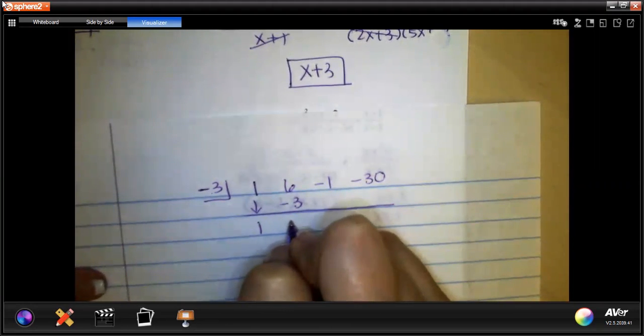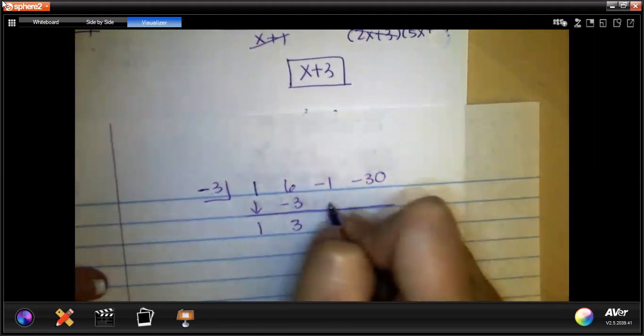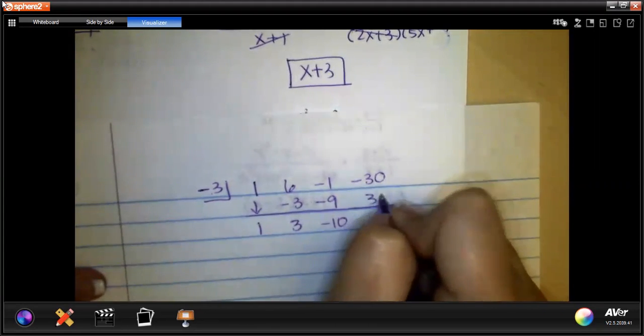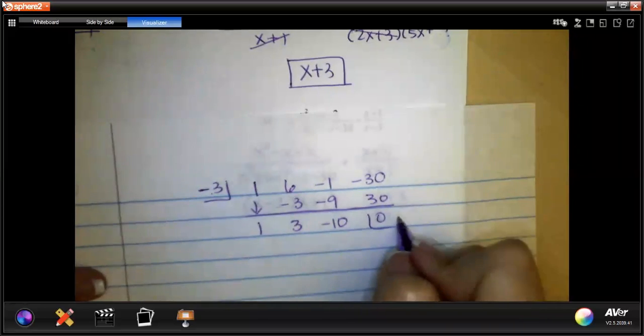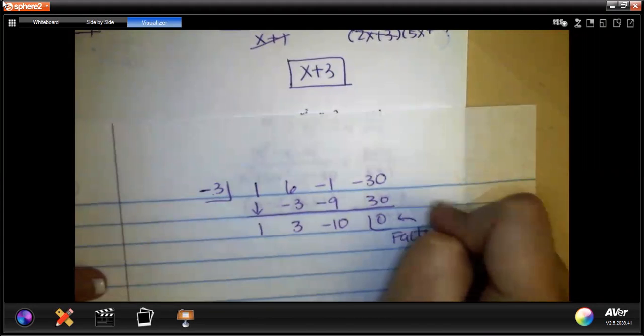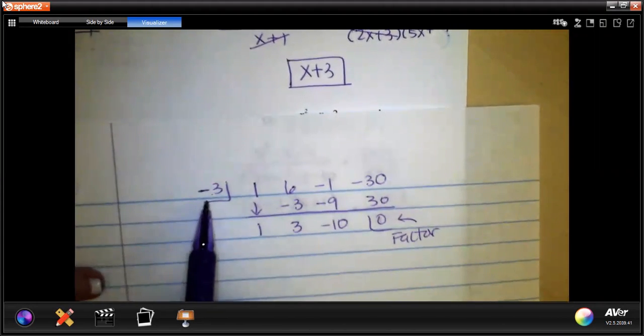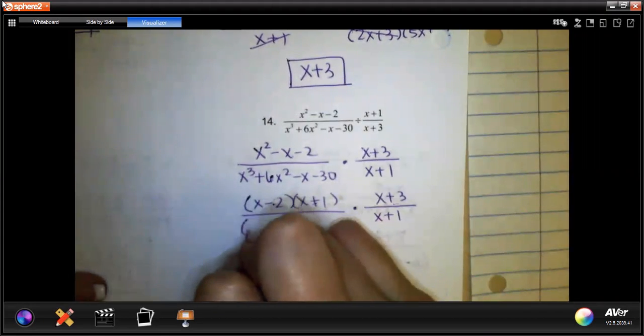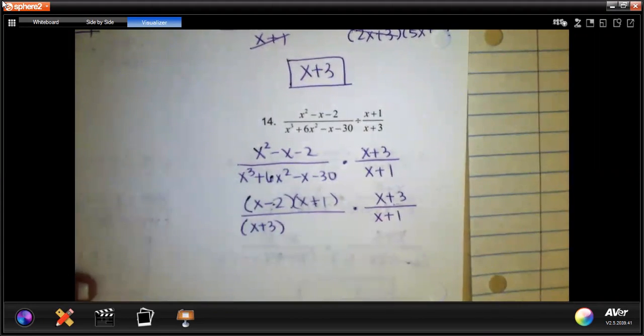I add, multiply, add, multiply, and add. And we said that if it had a remainder of 0, then it was a factor. So we know that the x plus 3 is a factor. So the root was -3, so I know that's going to be an x plus 3.